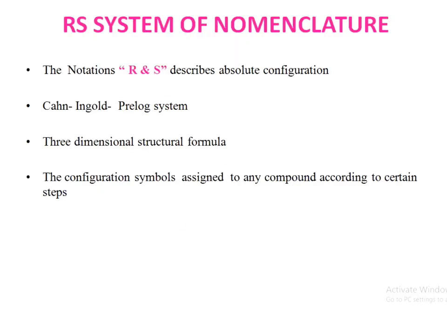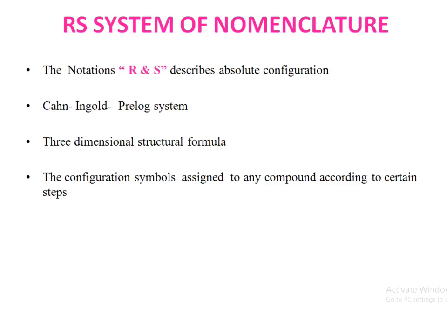Next is the RS system of nomenclature. It is also called the Cahn-Ingold-Prelog system. The RS system is used to describe the absolute configuration of organic molecules. This is based on the three-dimensional structural formula of a compound.